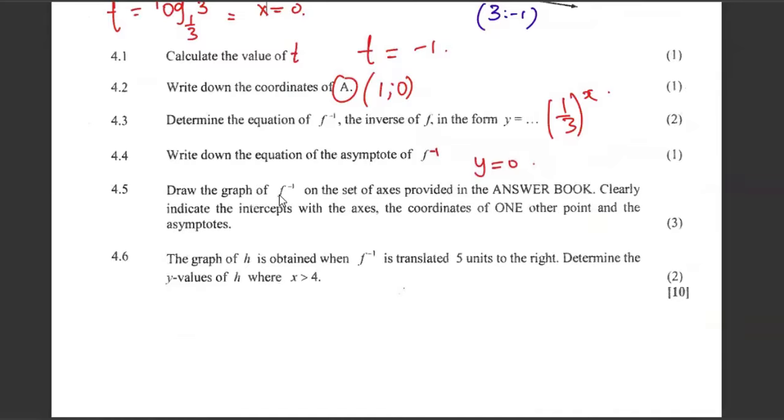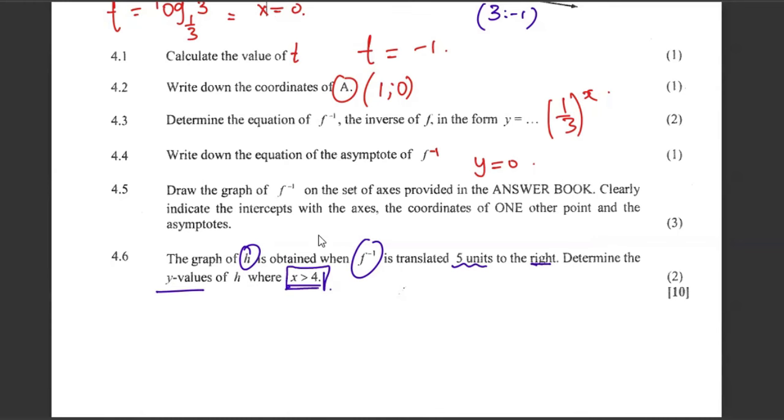4.6, they're telling us that the graph of h is obtained when the inverse is translated 5 units to the right. Determine the y values where x is greater than 4. Our focus is the inverse.